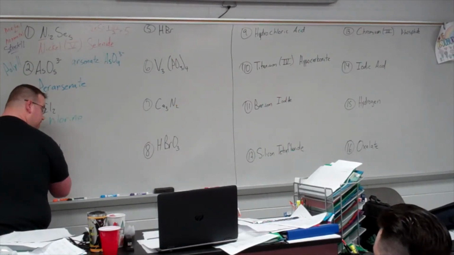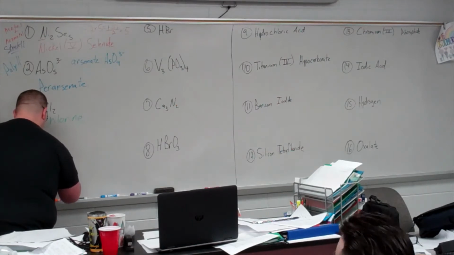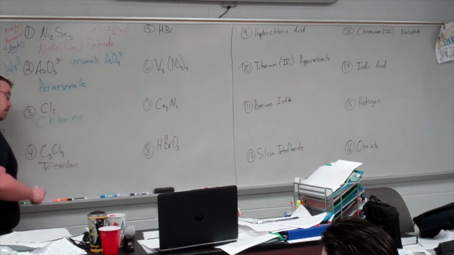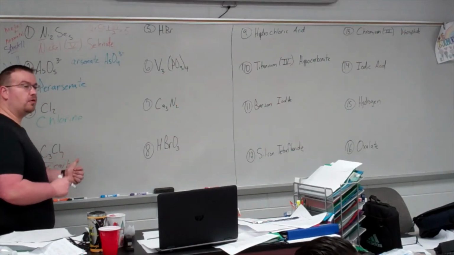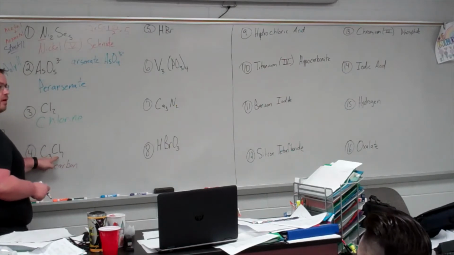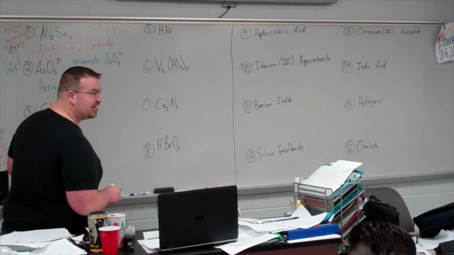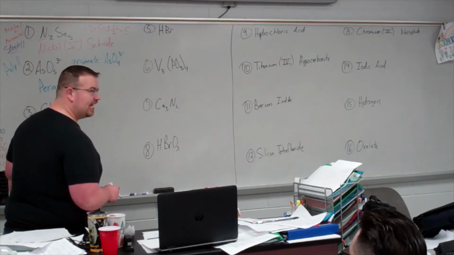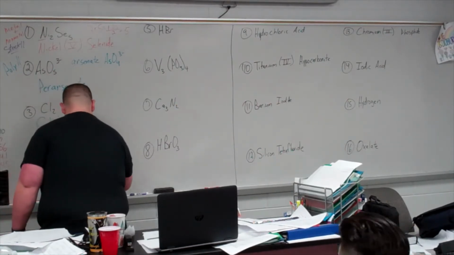So, 3, tri, carbon. Remember when you're doing these prefixes of covalent molecules, we do not change the ending of the first element. Second one, 7. I did this one on purpose. Anybody know what 7 is? Hepta.